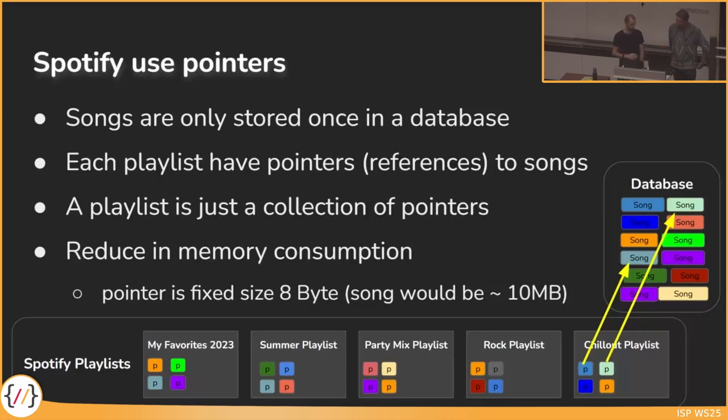So this is just one example where pointers are very, very useful if you use them at different locations but always access the same element, in this case, one song. And the cool thing is, obviously, a song cannot be modified by a user, so every user should access the same song, of course.